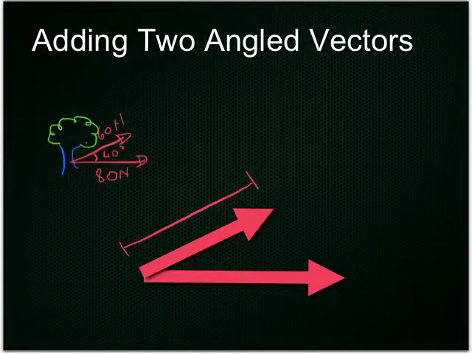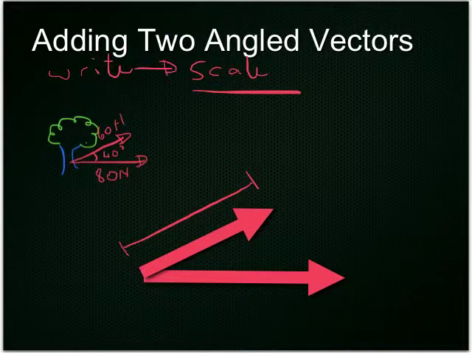Now when you do this, you should measure it using some sort of scale, which you should write. In this case the scale is going to be 1 centimetre will be 10 newtons. Does that make sense? So every centimetre is 10 newtons.